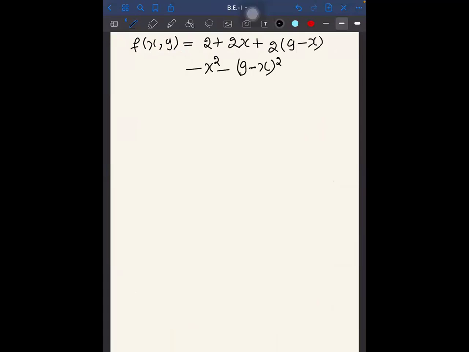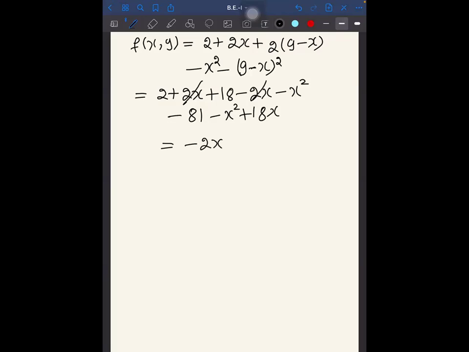Okay, so now you see that this becomes 2 plus 2x plus 18 minus 2x minus x square minus 81 minus x square minus 18 plus 18x. So 2x and 2x will get cancelled, and we are left with minus 2x square plus 18x minus 61.